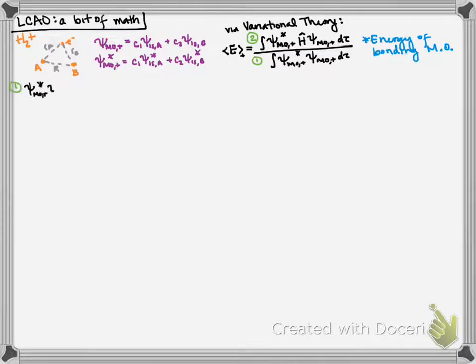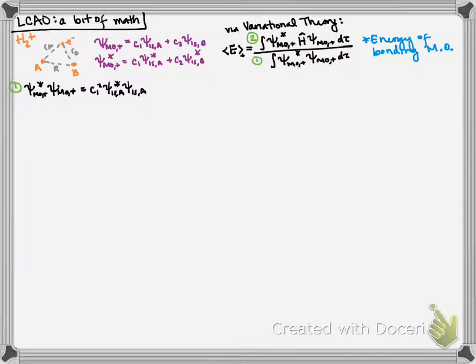So we'll start with the denominator, psi star psi of MO plus, and right now I've removed the integral. We'll put it back in a minute, but for now let's just write out all the possible terms because we have a binomial. We have C1 psi1sA plus C2 psi1sB for our wave function. So when we multiply that by C1 psi1sA star plus C2 psi1sB star, we're going to get 4 terms.